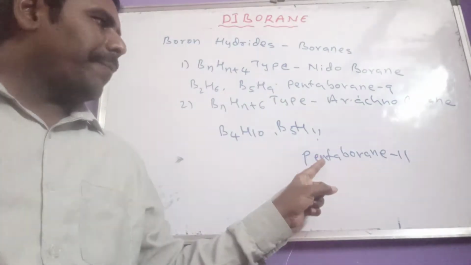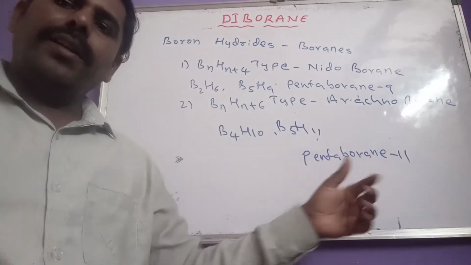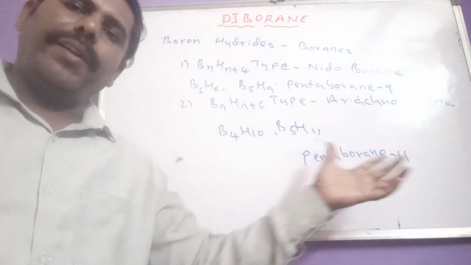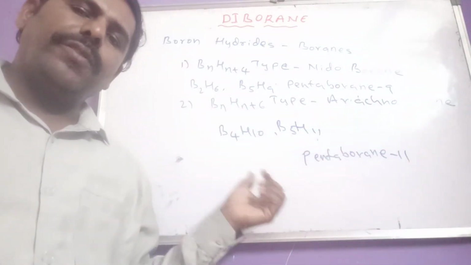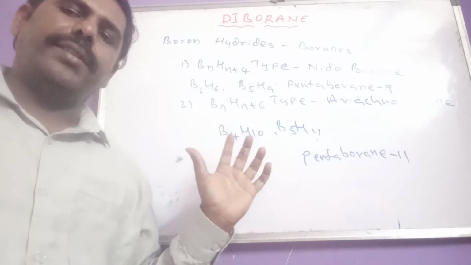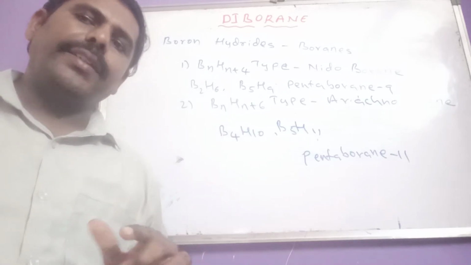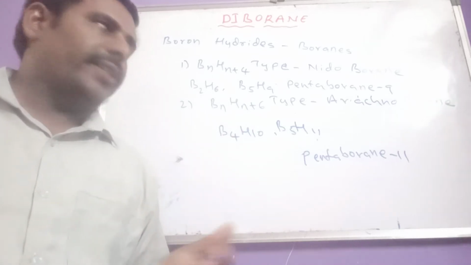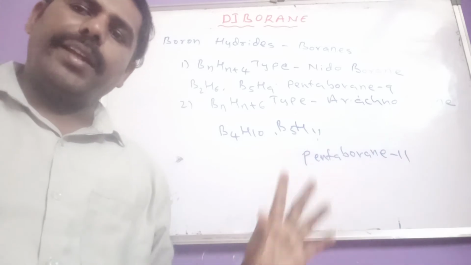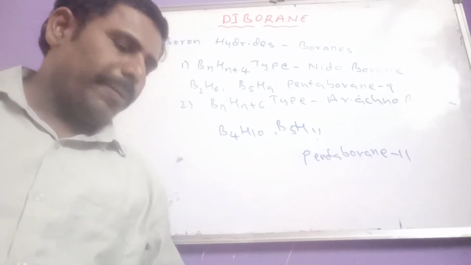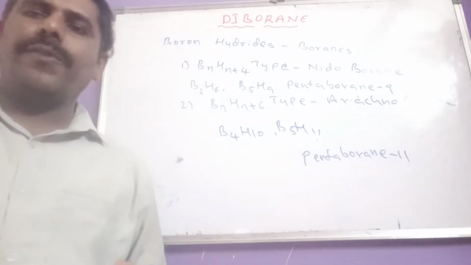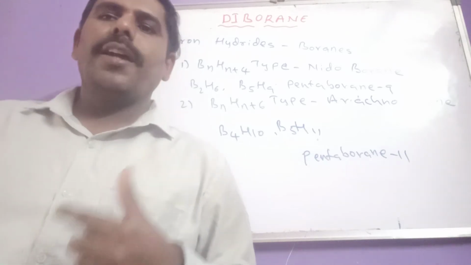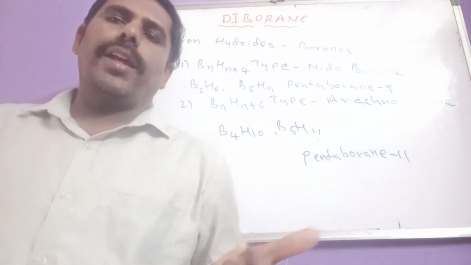And by observing pentaborane 11, that means 5 plus 6, 11, this belongs to BnHn+6. So to differentiate types of boranes, that number is indicated. That number is nothing but the number of hydrogen atoms present in the borane.